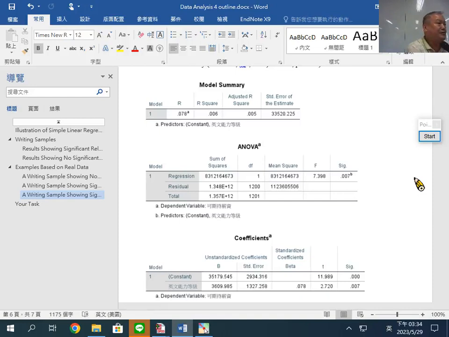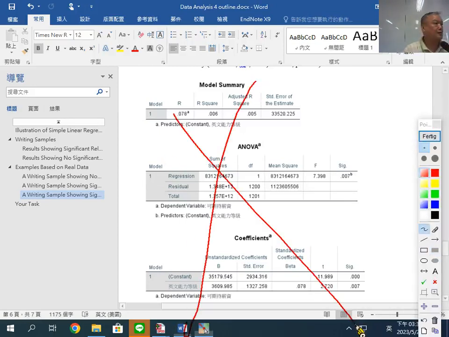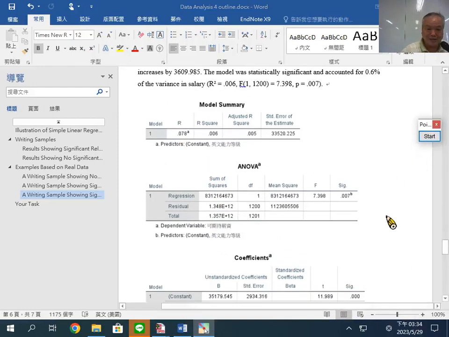When you write up your report, never put this on your paper. I emphasize again: never. Don't do that. This is wrong, okay? I just want to let you know how these numbers come out.